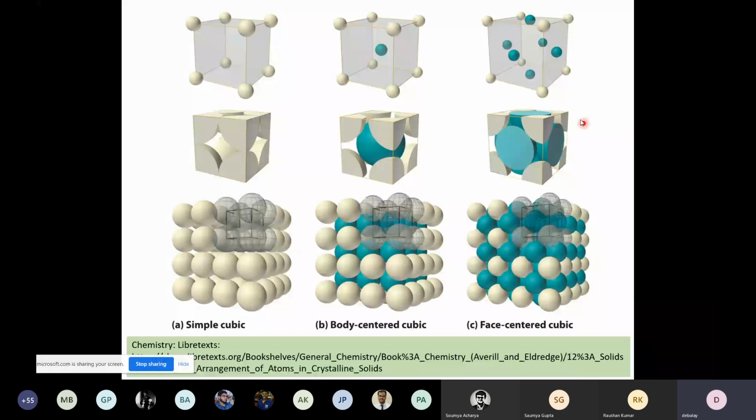In body centered also atoms touch each other, face centered also atoms touch each other. And if you arrange them, the structure looks like this in 3D.